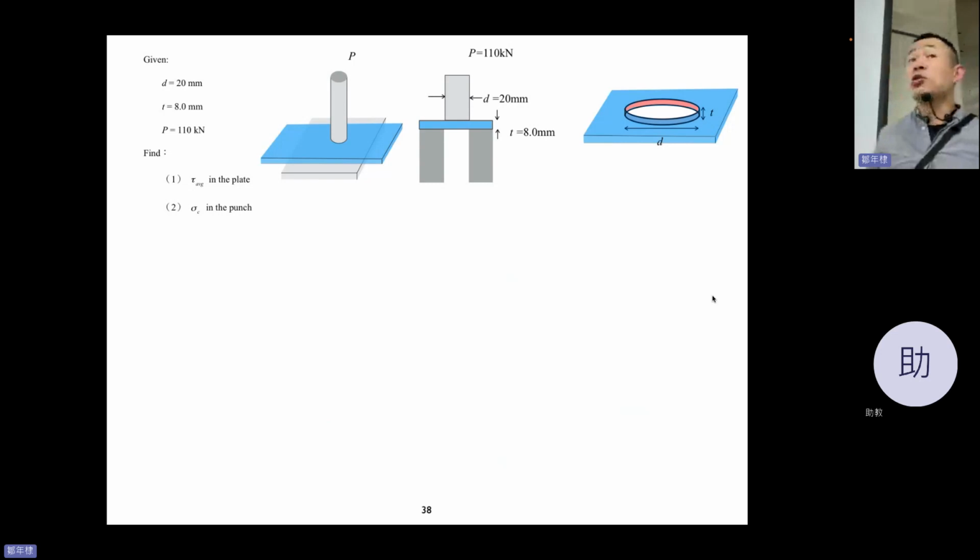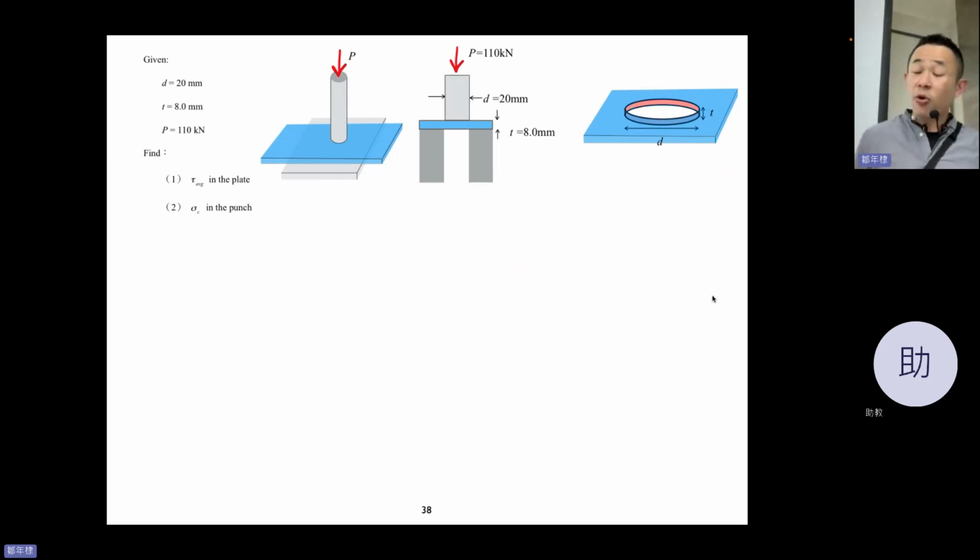The following two questions are way simpler and easier than what we just finished. There's a punch trying to penetrate the blue plate. You can imagine that the punch will penetrate this blue plate, and you can ask for the tau average in the plate.